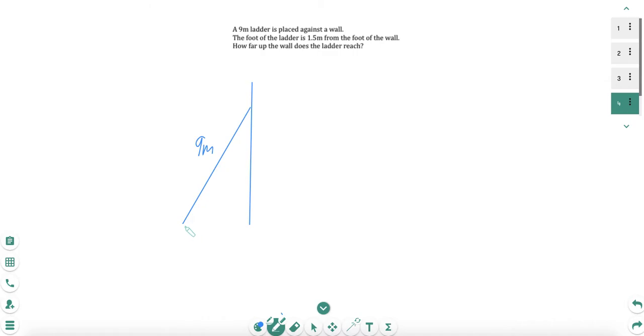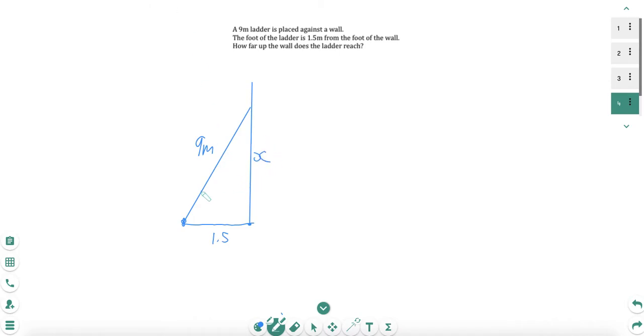The foot of the ladder, over here, is 1.5 meters from the foot of the wall, which is over here. So this length here must be 1.5. How far up the wall does the ladder reach? Well, we're looking for this length. So let's call this x. We're trying to find this side.